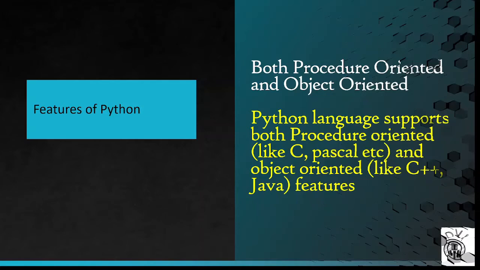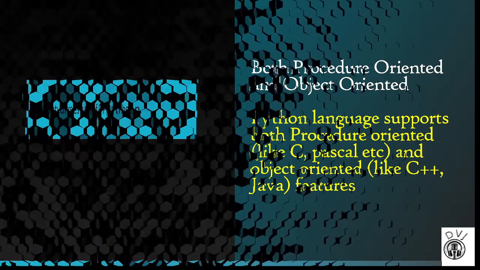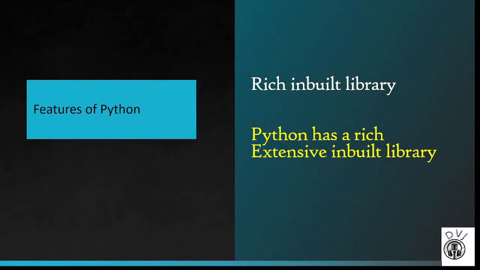Both procedure-oriented and object-oriented: Python supports both procedure-oriented languages like C and Pascal, and object-oriented languages like C++ and Java. Rich inbuilt library: Python has a rich, extensive inbuilt library.